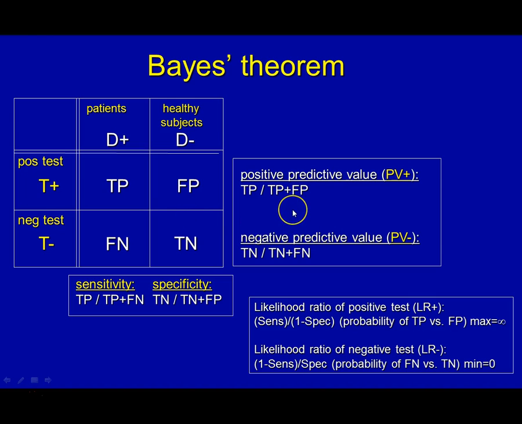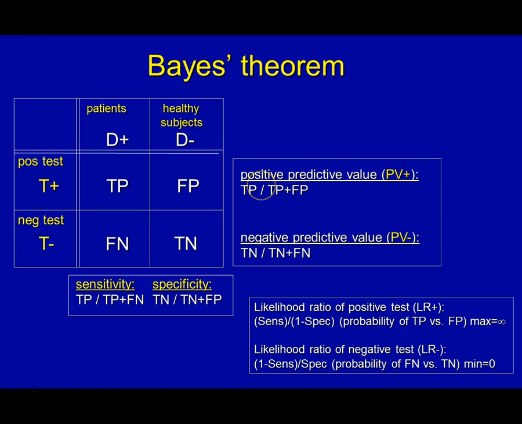A doctor has a positive or a negative outcome of the test, and a doctor would like to know the chance of disease at the positive test, and this is called the positive predictive value, which is calculated by dividing the number of true positives by the total number of positives, which is true positive plus false positive.